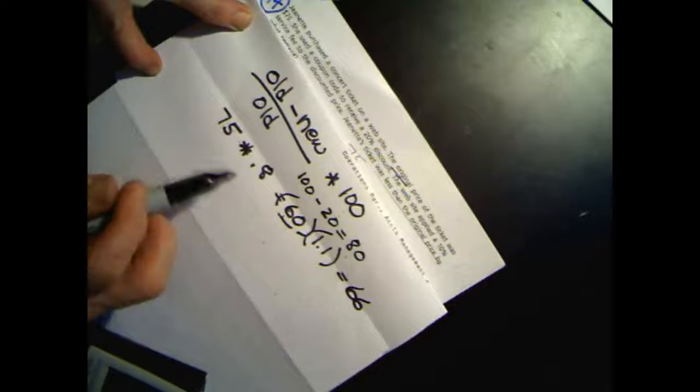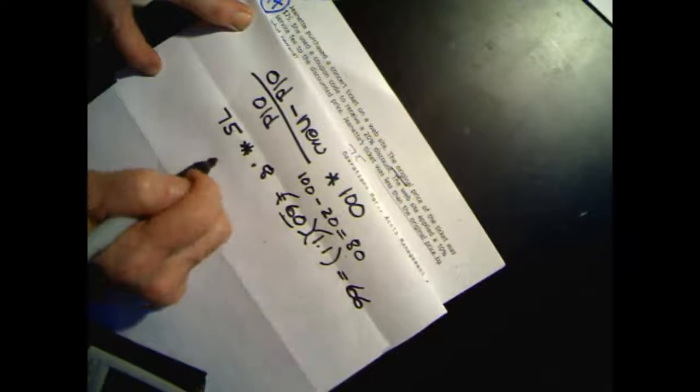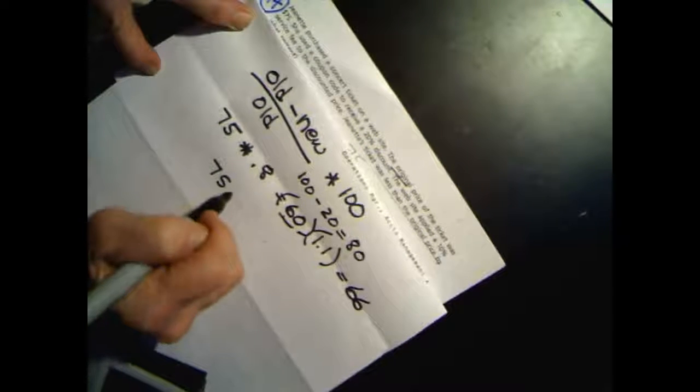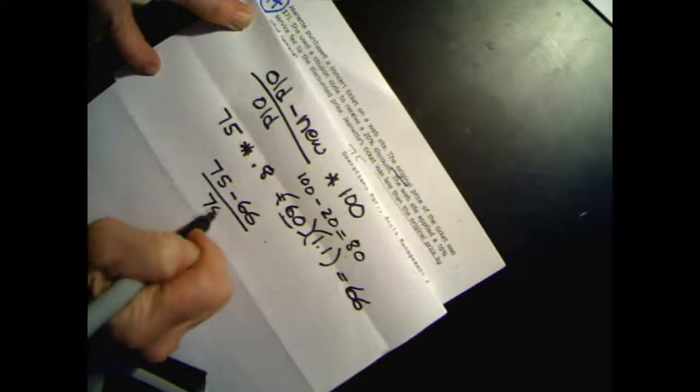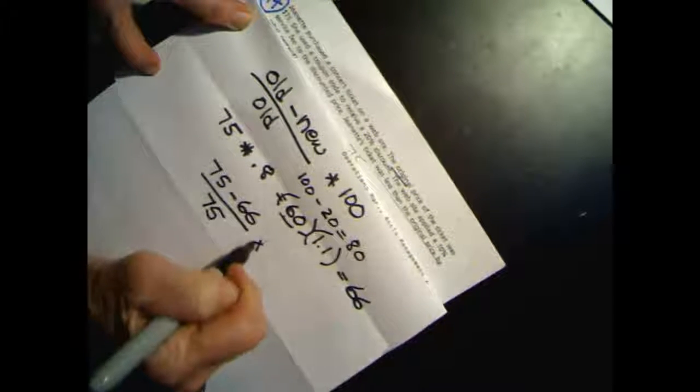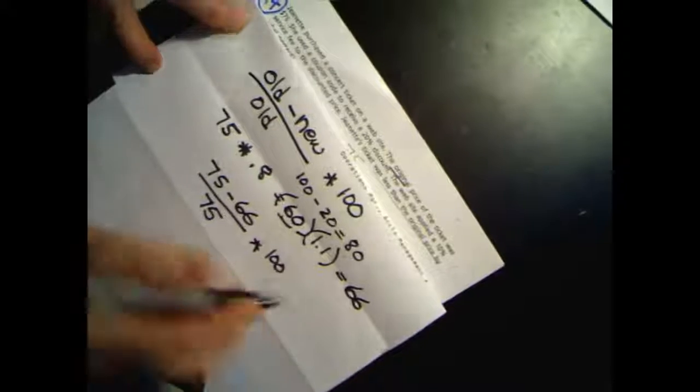But the final question says, by what percent was her ticket less than the original price? So again, the original price was 75 minus 66 divided by 75. You're going to multiply that result by 100.